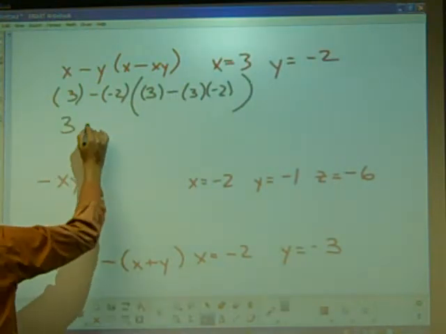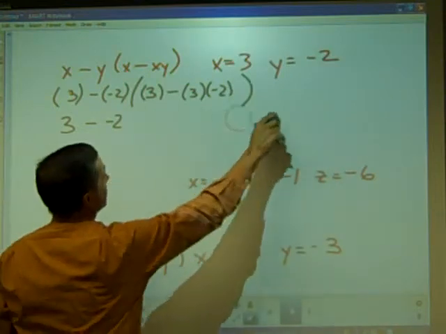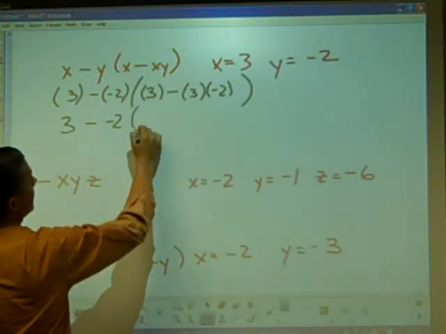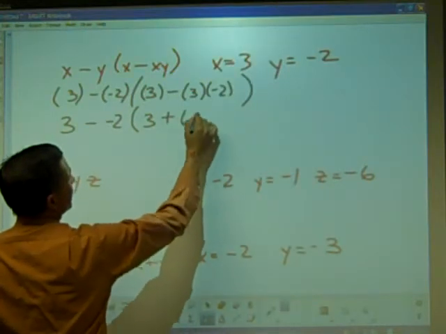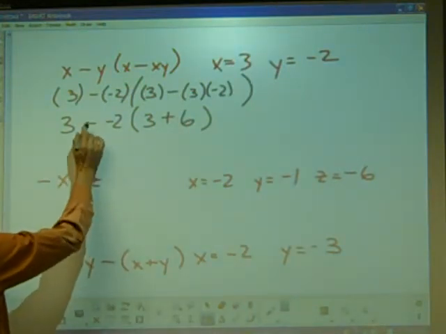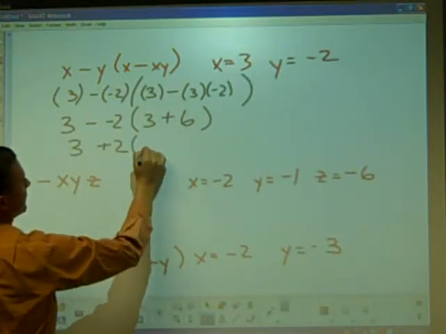I get 3 minus a minus 2, which I can't deal with until I deal with the big parentheses here. 3 minus a minus 2 is plus, 3 times 2 is 6. I can multiply these now.